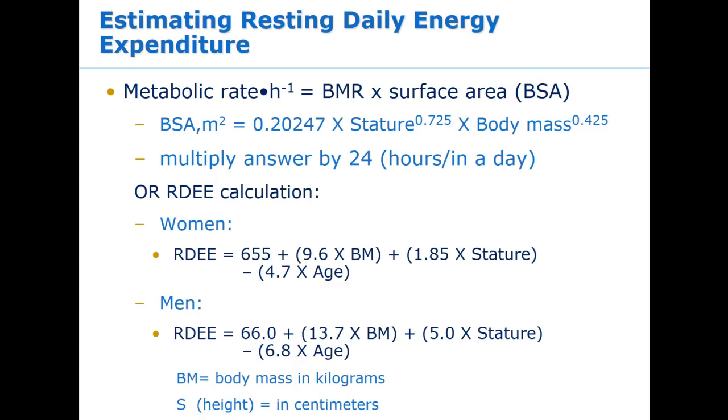I want to stress to you to not get real caught up with these calculations, because performing either calculation, according to body surface area or by using the recommended daily energy expenditure, will get you an answer that is very, very similar in nature.